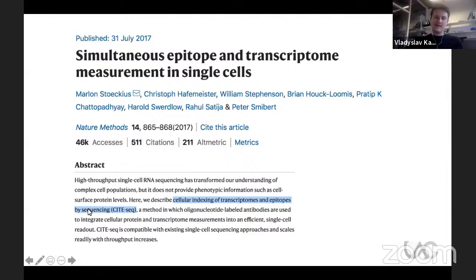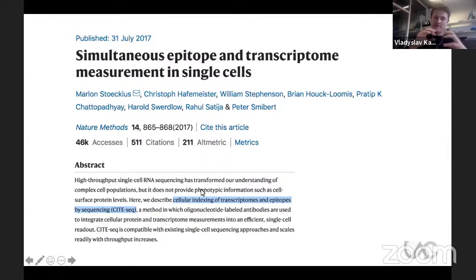A very nice technique that I would like to talk to you about a little bit more. This principle was adapted by many other techniques afterwards, and what I will be talking about is a commercially available technique that is based on this CITE-seq principle, and it's compatible with the 10x single-cell RNA sequencing protocol.